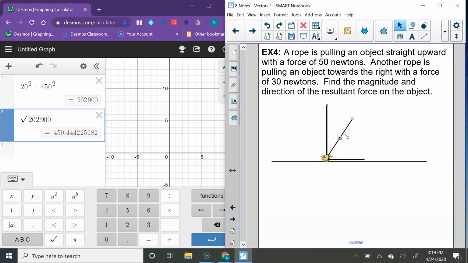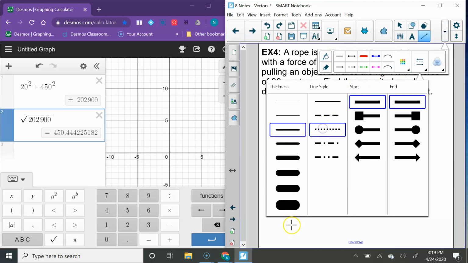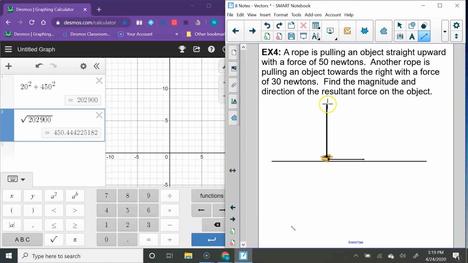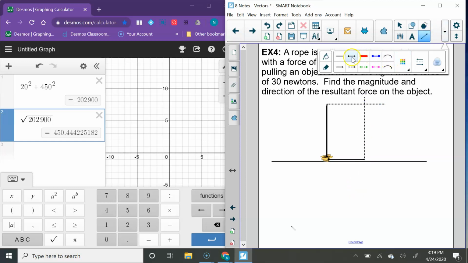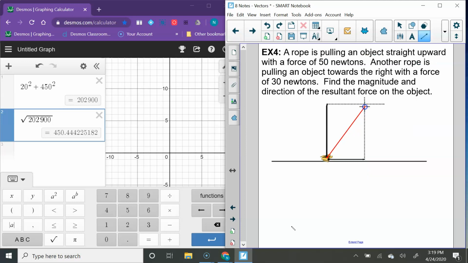So to know exactly where it goes, we can make ourselves a parallelogram. And so we would just draw a horizontal line here and a vertical line here. And then our resultant vector, let's make it red, would go from the box up here to the corner.